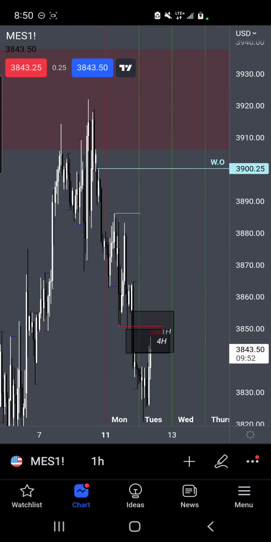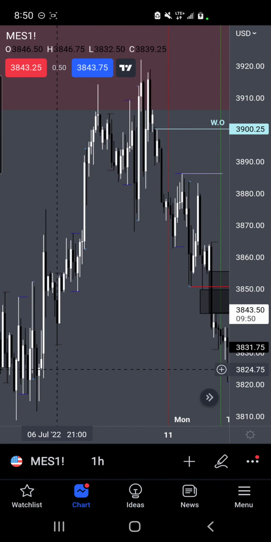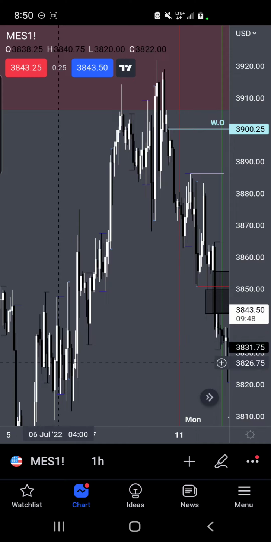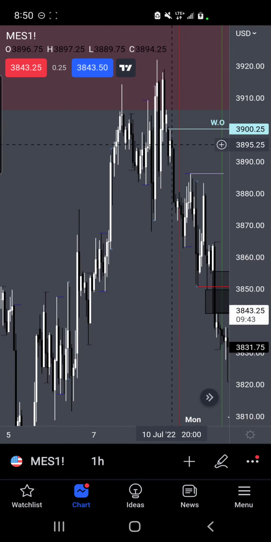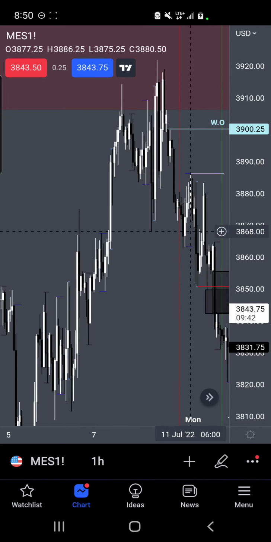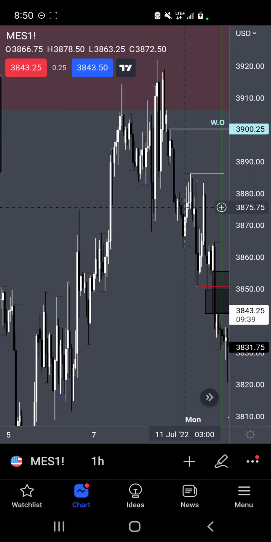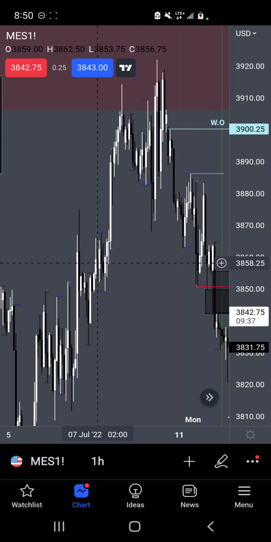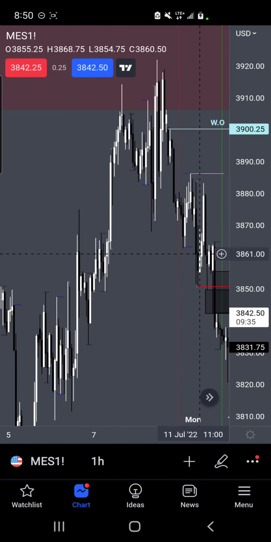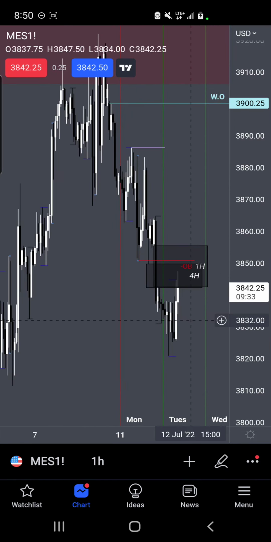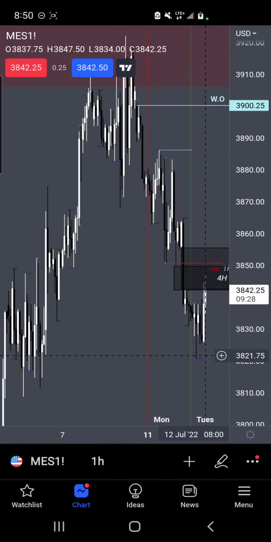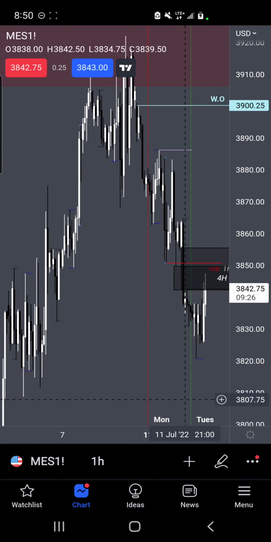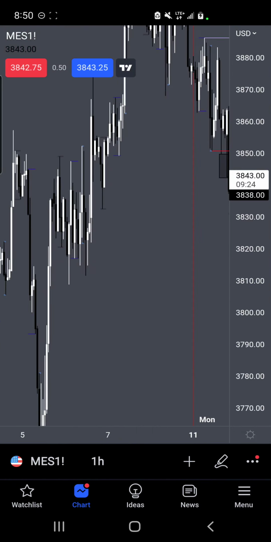So where we consolidated and then ran up and then consolidated and then ran up, and then this junky mess and then a breaking structure, then it came down to roughly where that consolidation was for yesterday, and then overnight it broke down even lower. It took us here before maybe having a retrace higher to break below that consolidation. So that's kind of what I'm looking at.